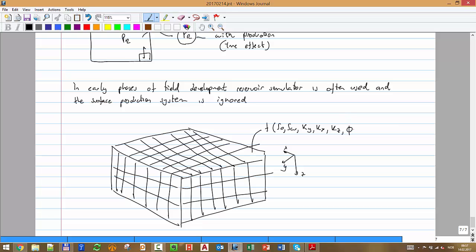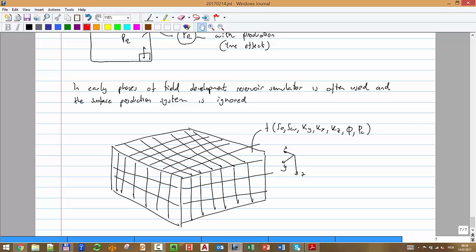Porosity, capillary pressure. It's a bunch of input. Initially you can make it very uniform, but then if you get more information from appraisal wells and from seismic, you try to refine it and make some variation of properties along the reservoir.